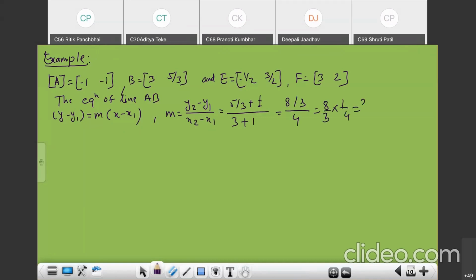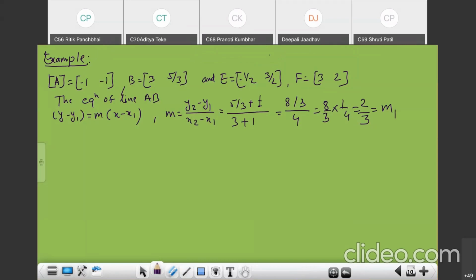So the answer is 2 by 3. What is the slope here? The slope of the first line is 2 by 3. So that is m1, the slope of the first line AB.